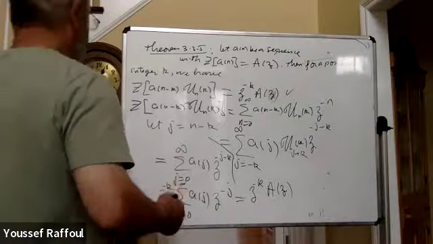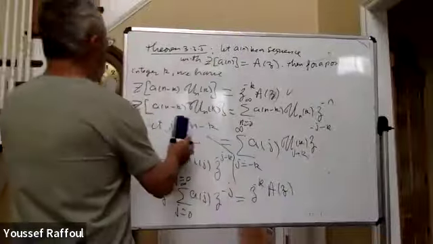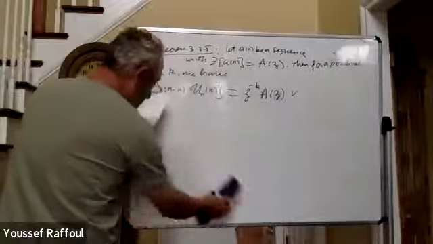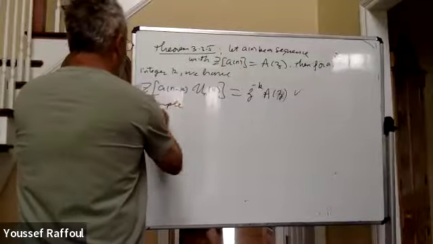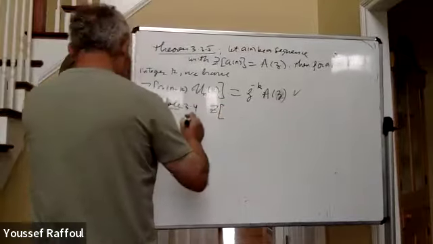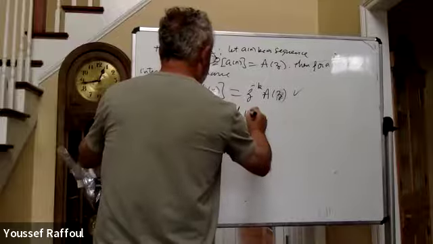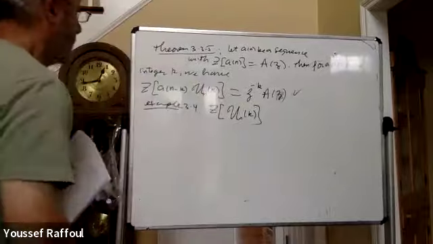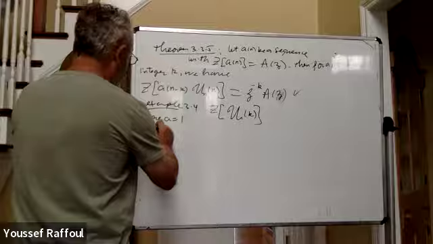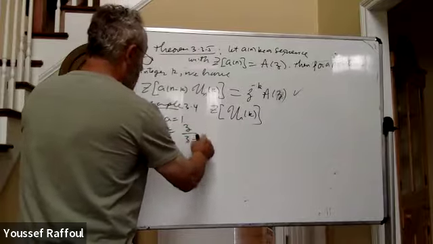All right. So let us do an example. And this is example 3.4. Let's say we want to find Z of U N K. Well, so here A is 1, and so AZ is Z over Z minus 1.